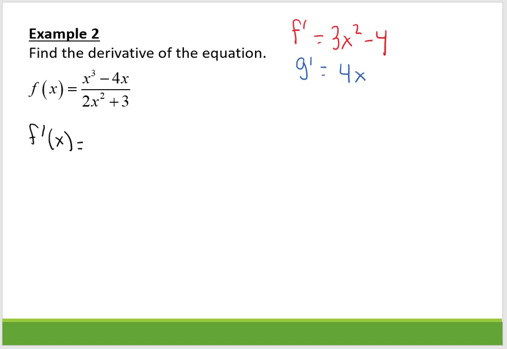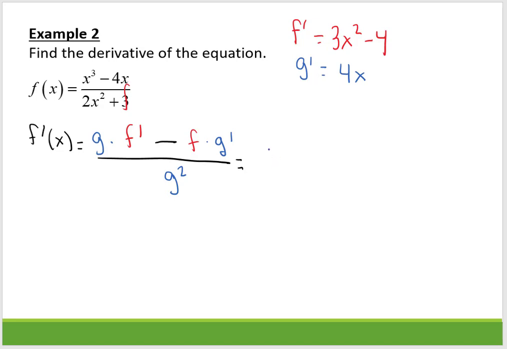Okay, so I honestly, guys, I remember the saying, low d high minus high d low, draw a line, square the below.